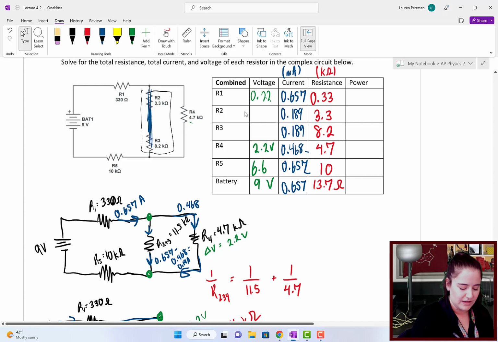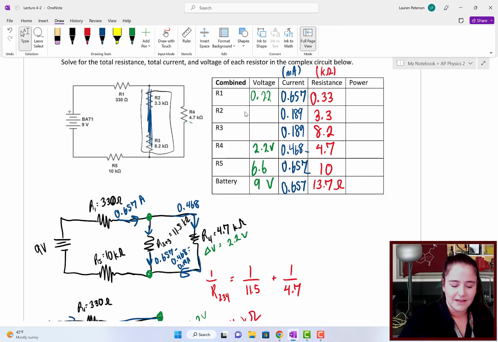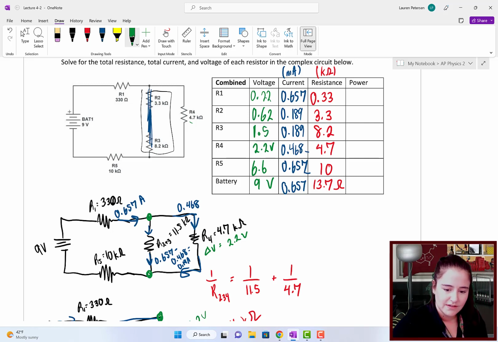So 3.3 times 0.189 gives us a voltage drop here of 0.62, and 8.2 times 0.189 gives us 1.554. We'll go 1.5. And of course, I like to check and make sure that these two voltage drops add up to 2.2. And indeed they do.